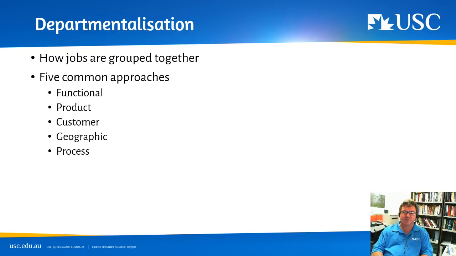Customers, this is fairly common. We might look at customers as a way of ensuring that we can serve them better by splitting them into different departments or different areas of responsibility, if that makes more sense. So if we've got a business, maybe, well, I'll use Samsung again. If we've got a business like Samsung, we might have our retail customers, you, me, the people that come in off the street to buy a mobile phone or a TV.